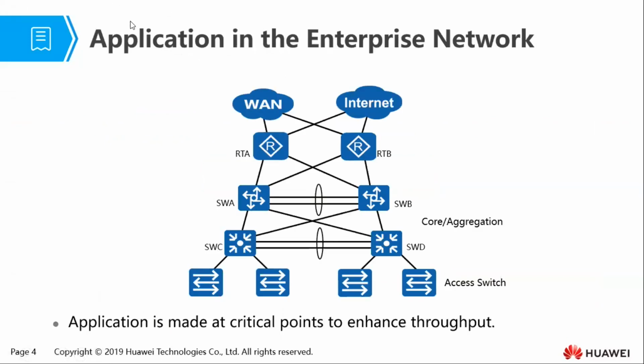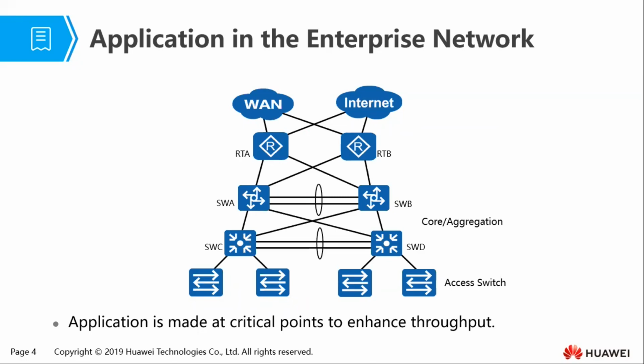How does it work? So application in the enterprise network, as you can see, most of the time at the core and aggregation layer, we provide redundancy. So most of the time when we do redundancy between peering devices that are on the same layer, it is highly advised that we combine those particular logical links to act as a single link.